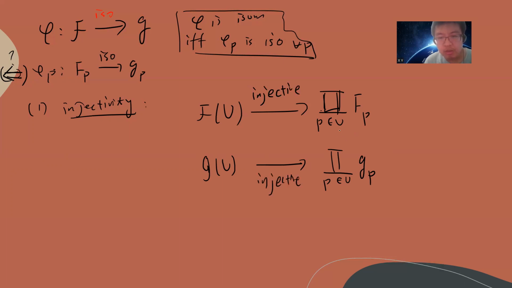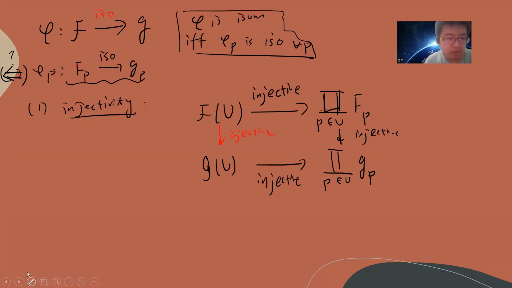And now we have an induced map; we are assuming that the map on stalks is an isomorphism, and we want to prove that the red map is injective.